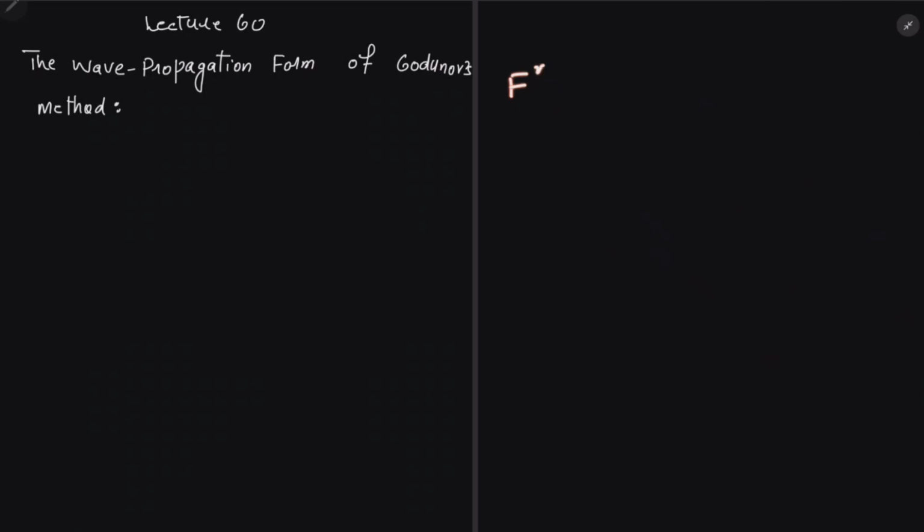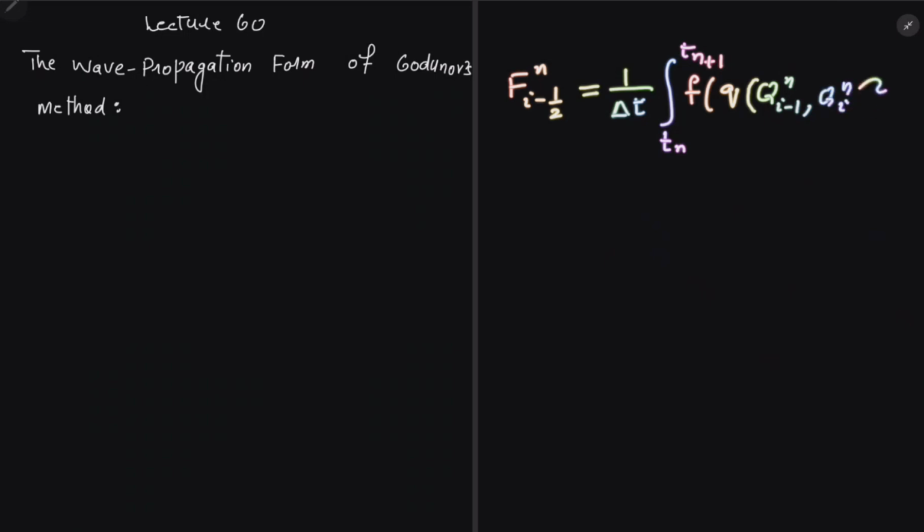We have, for example, flux defined at x_{i-1/2}, and we have the average flux on the cell face i minus 1/2, from t^n to t^{n+1}, and there is a flux F(q) which depends on the values of Q^n_{i-1}, Q^n_i, dt. This is the numerical flux that we usually define in the finite volume method.